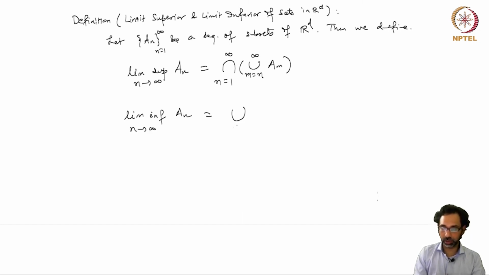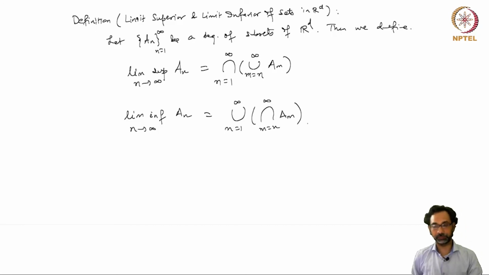This is the union over n equal to 1 to infinity of the intersection over m equal to n to infinity of A_m.